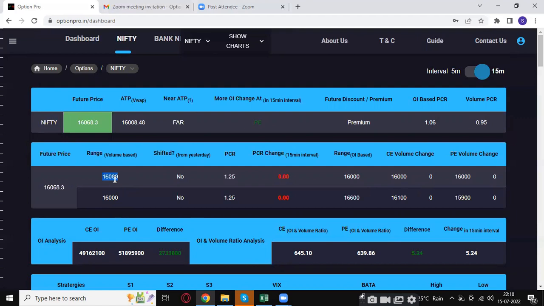If it is happening more at 16,100, then this is a positive. Similarly, the current call range is 16,000. If volume change is happening more on the upside, 16,100 or 16,200, then it is a positive sign. So you can get the idea from here too.